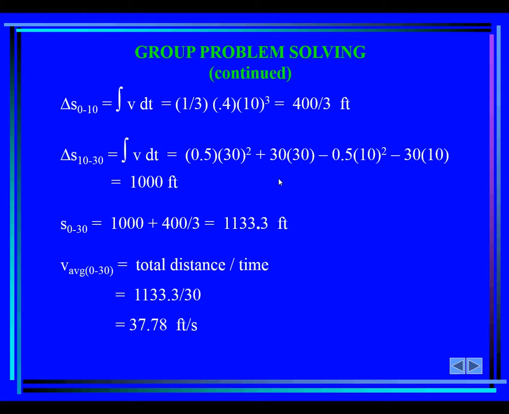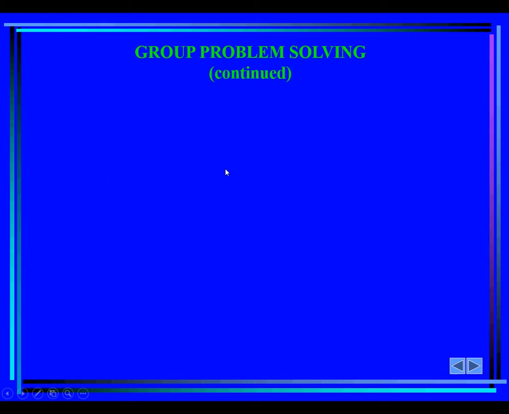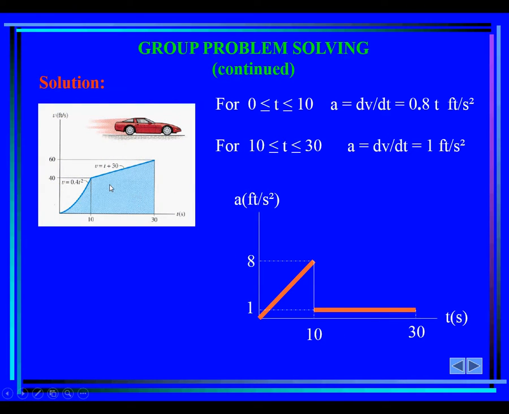And the position between 10 and 30 is the integral of the velocity versus time. We are basically integrating, so we need to make the integration in this interval to know the position.